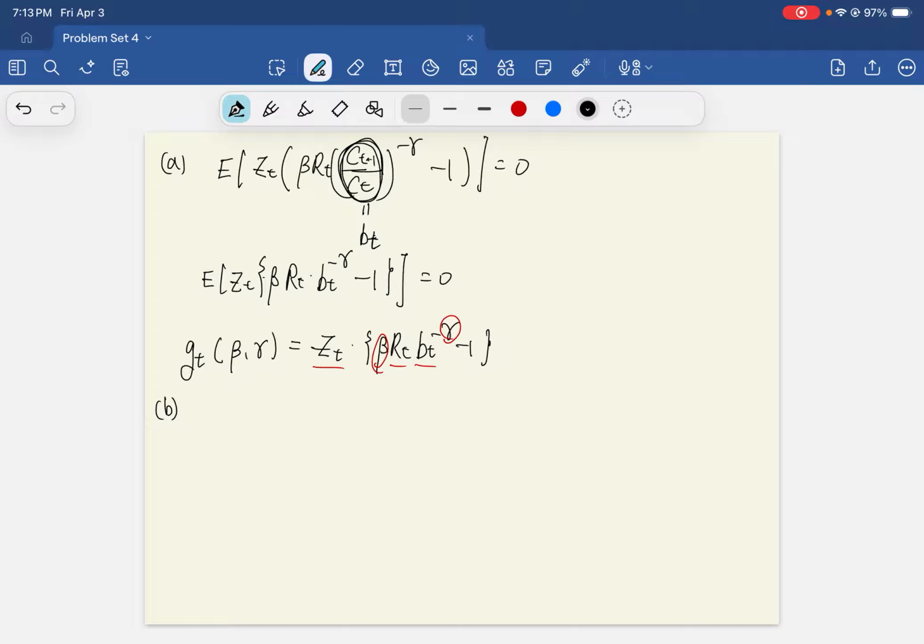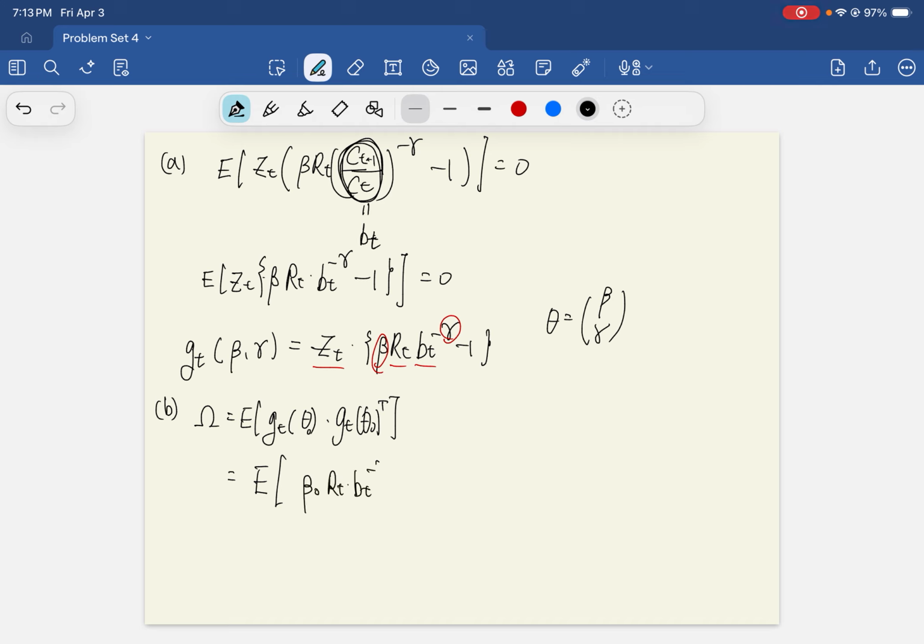So let's calculate omega, that is the variance of g_t(theta). By the way, I'm going to write it as theta, where theta is beta and gamma. The variance of your moment, E[g_t(theta_0) g_t(theta_0)'], and there is nothing much we can do here. It is just (beta_0 R_t B_t^{-gamma_0} minus 1) squared times z_t z_t transpose.